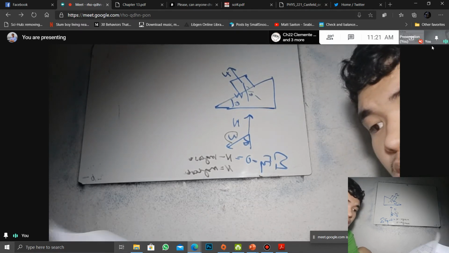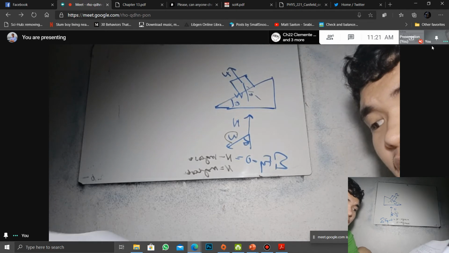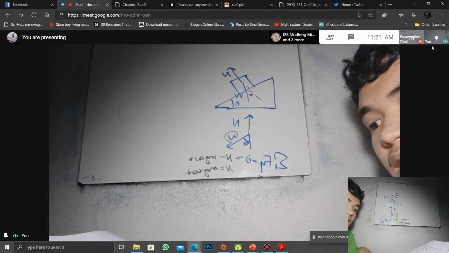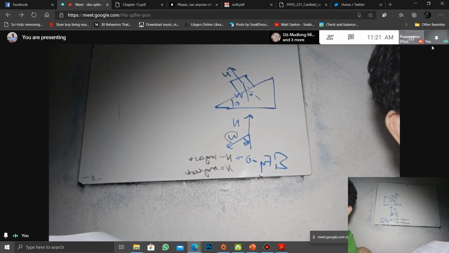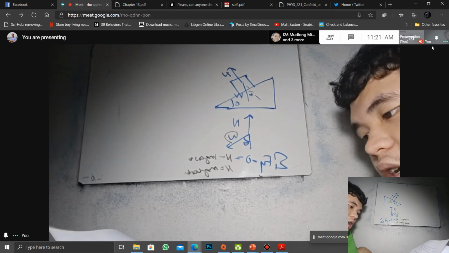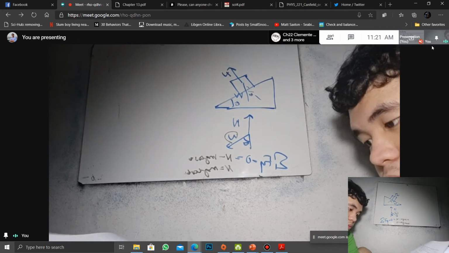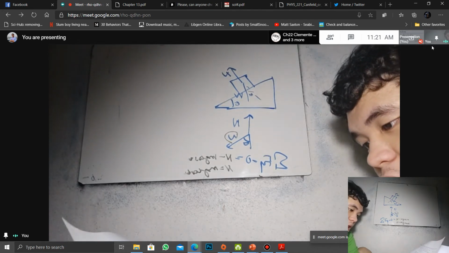Newton's first law, nothing should happen. Dapat, letter C, continues at the velocity it had before the second force was applied. No? Kasi hindi niya naman pinigil eh. Kasi equilibrium yung object. Okay? Dapat letter C.